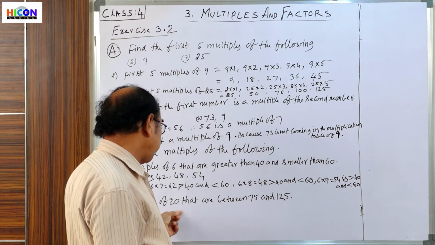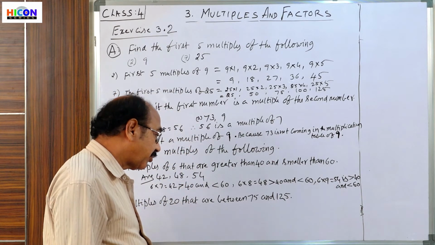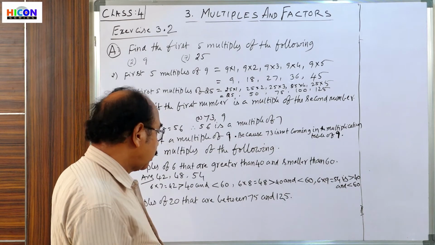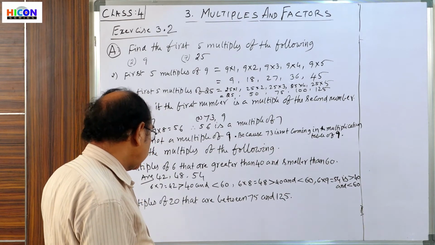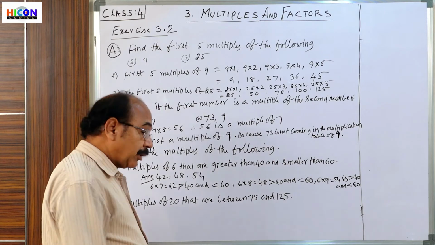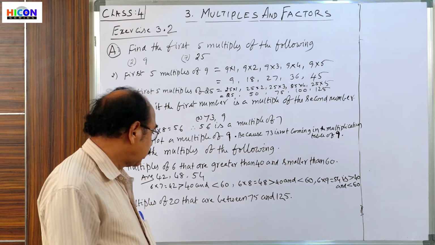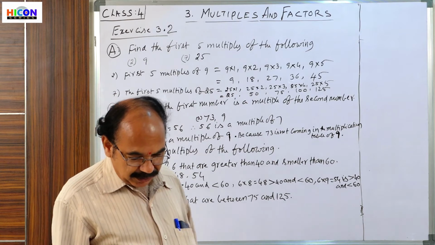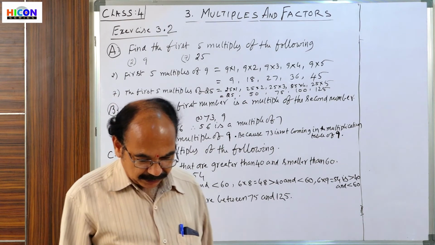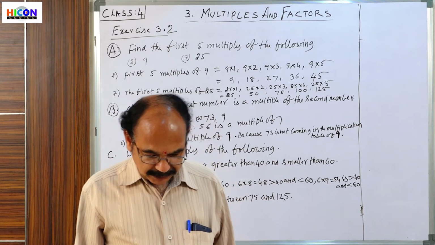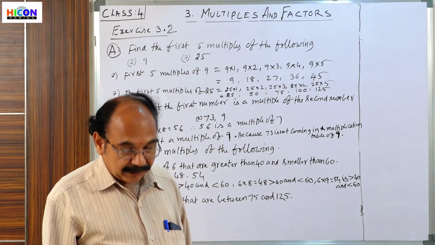Next, multiples of 20 that are between 75 and 125. Okay. What are the multiples of 20 that are between 75 and 125? Then what do we say here? 80, 100 and 120.